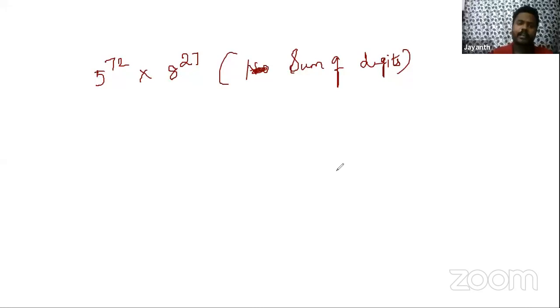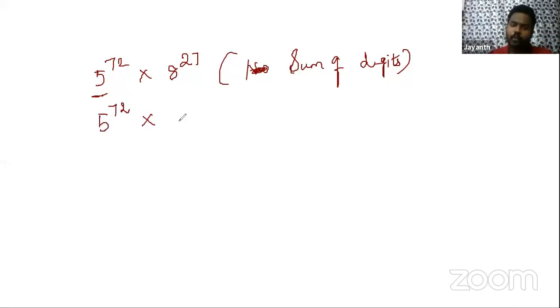As I already said, whenever we come to the number of zeros, number of digits, or sum of digits, always keep this in mind: any expression or product given, you have to express it in terms of 2 powers and 5 powers. Here it is already 5 power 72. Now 8 power 27.